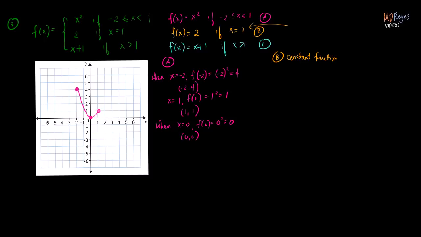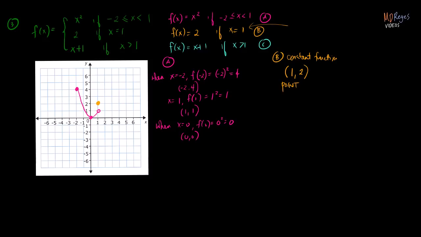Because the value of the function is 2 whenever x is exactly 1. So whenever x is 1, the value of the function is 2. We are actually pertaining to this point. Just a point. There, you have it on the graph. A shaded circle.